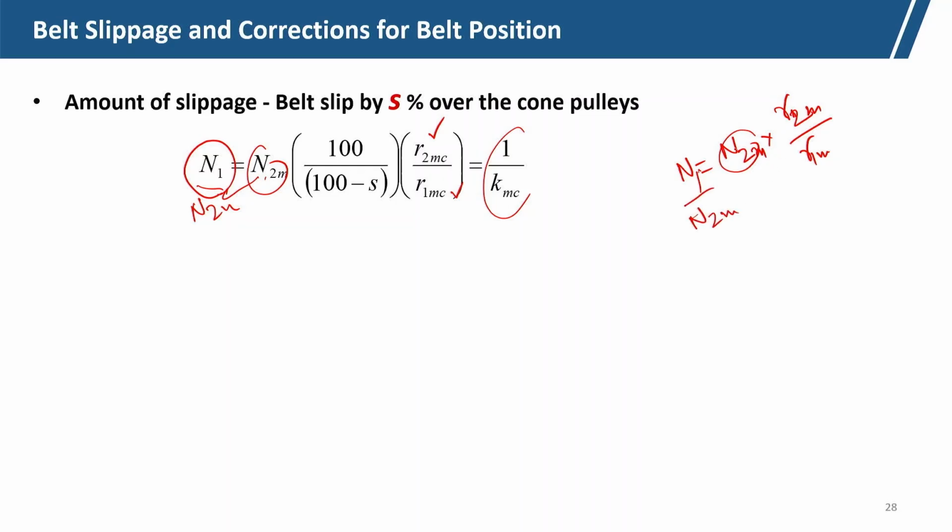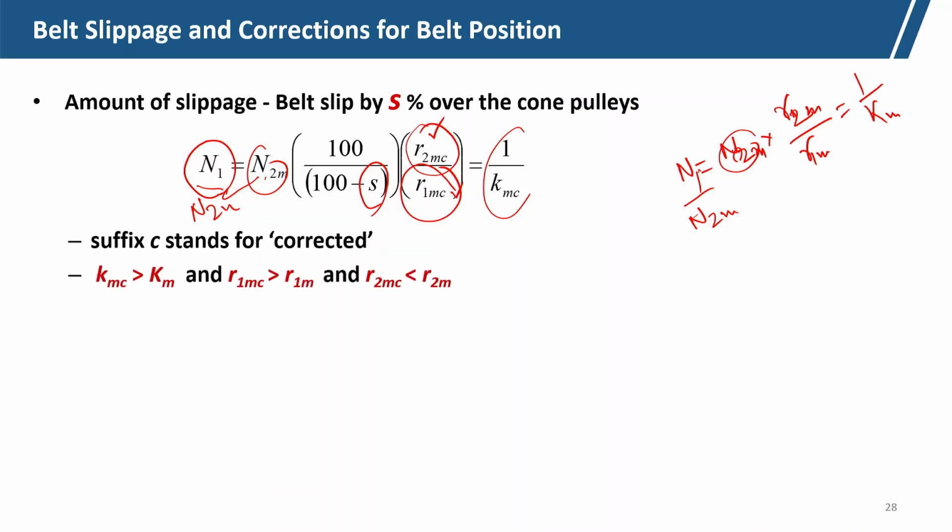R2m by R1m is 1 by Km, that was the normal relationship here. Now, here we can see that due to the slippage we are using R2mc by R1mc. So, that is how we change the speed. The suffix C stands for the corrected value.